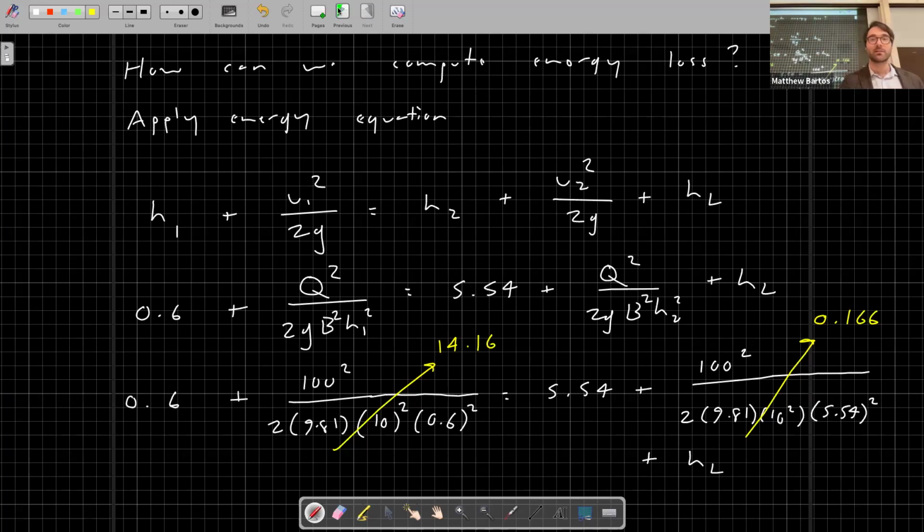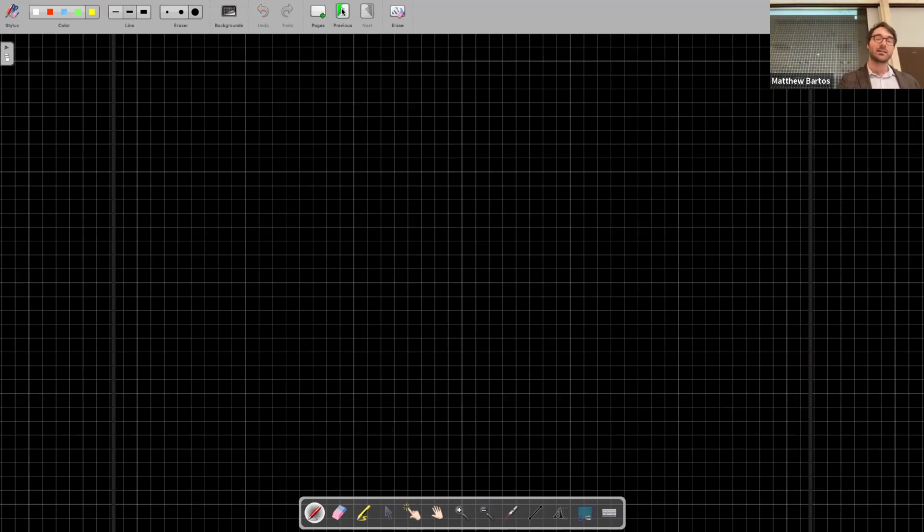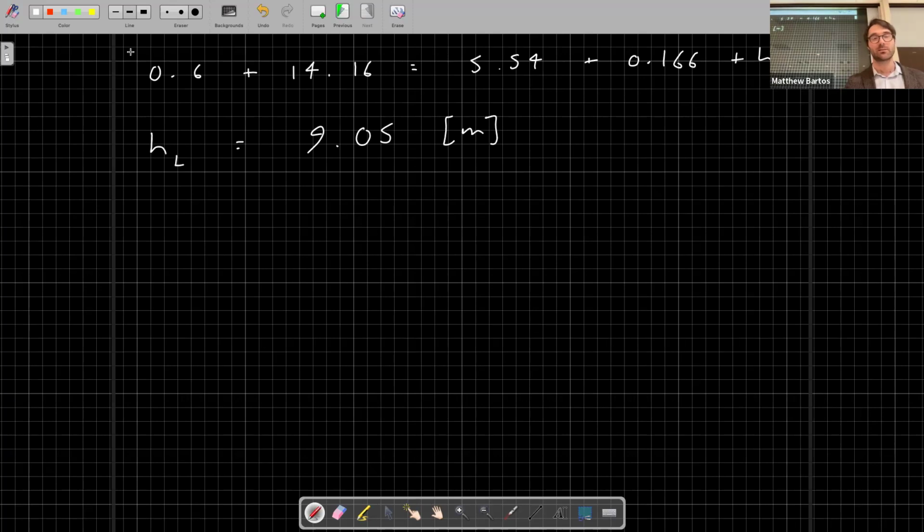So let's go ahead and rearrange this for the head loss in the jump. We have that 0.6 plus 14.16 is equal to 5.54 plus 0.166 plus the head loss. And if you rearrange this for the head loss, you should get the head loss is about 9.05 meters.